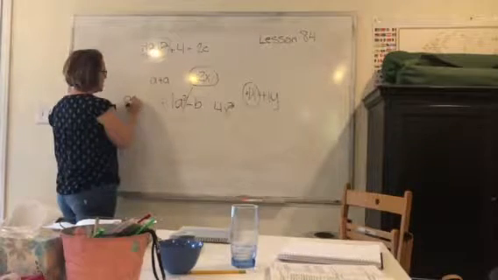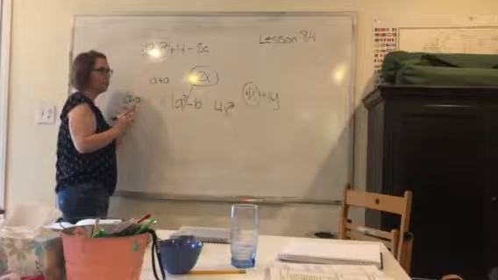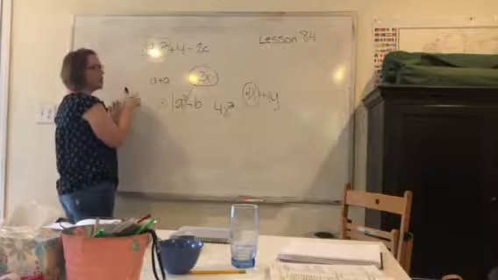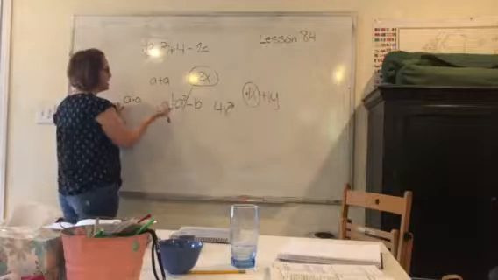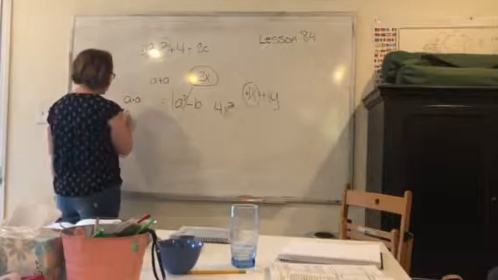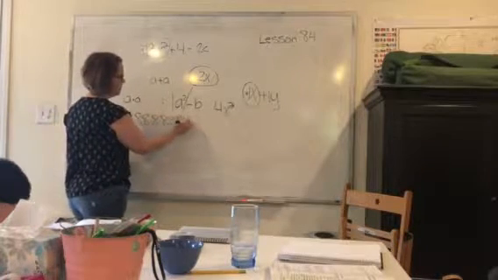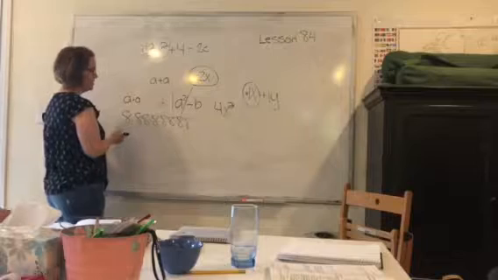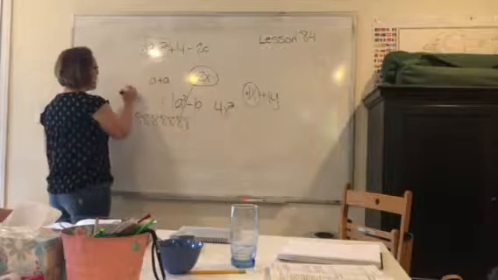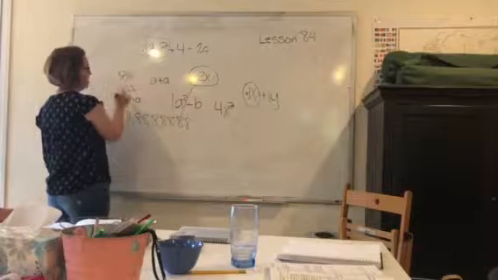A squared means I'm going to take A and multiply it by A. There's as many A's as there are A's. So if A is 8, then I have 8 8s.